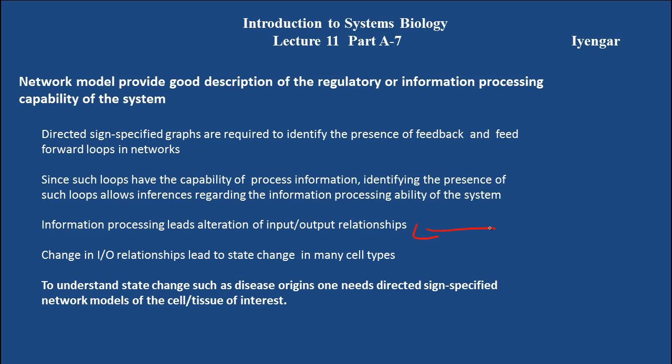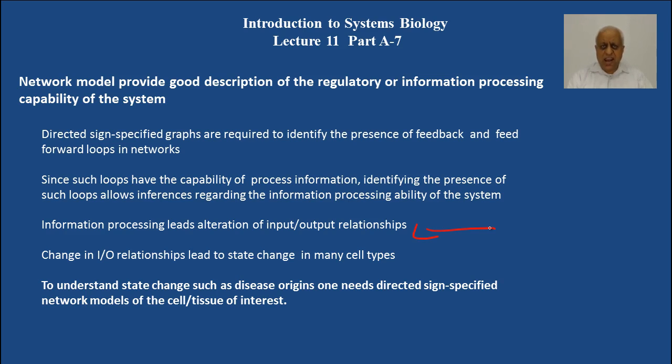Actually, change in input output relationships leads to state change in many cell types, such as a normal cell becoming a diseased cell, or an inactive cell becoming an activated cell, as in the case of immune cells when they see an external pathogen, and so on. So changes in cell state can most often result in physiologic changes.